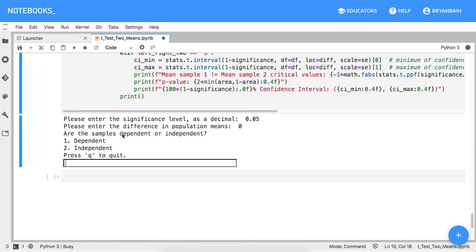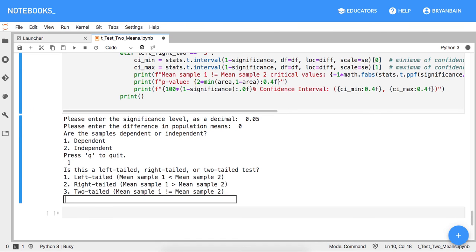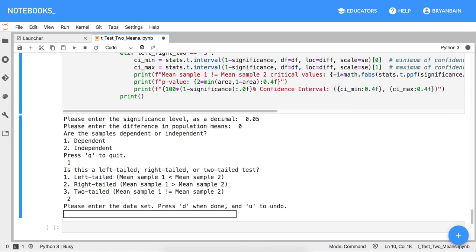Are the samples dependent or independent? They are dependent. We'll look at independent in the next video, so press option 1. This is a right-tailed test because we say that the population mean for sample 1 is greater than the population mean of sample 2. All right, now the data set, the fun crunching in the numbers here.